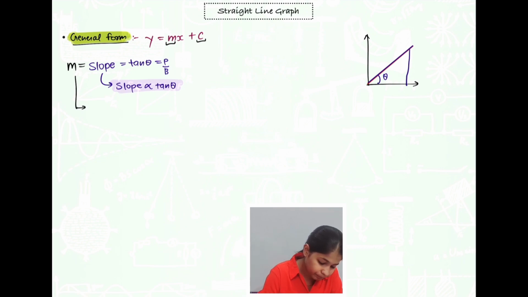Let's talk about different conditions in case of slope. This slope can be positive, negative, zero and infinite.